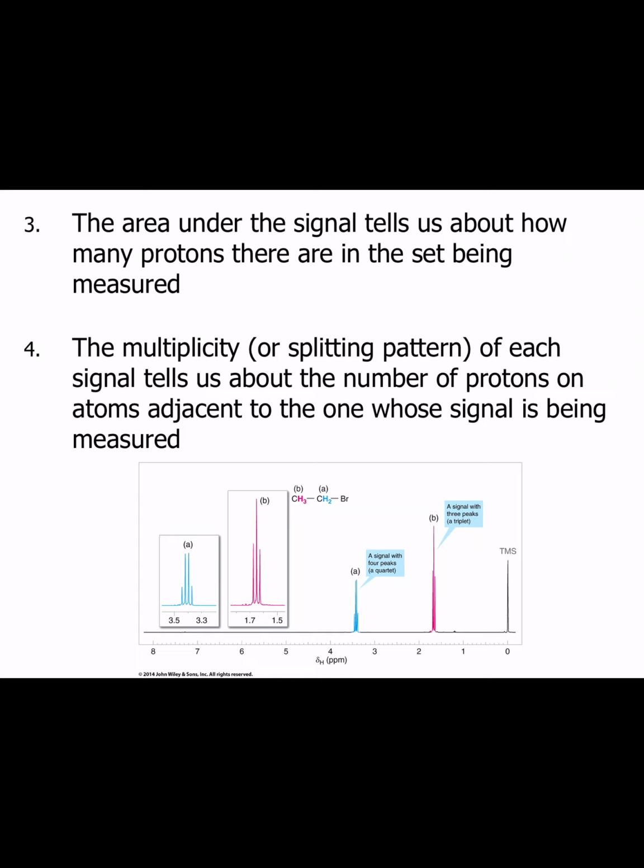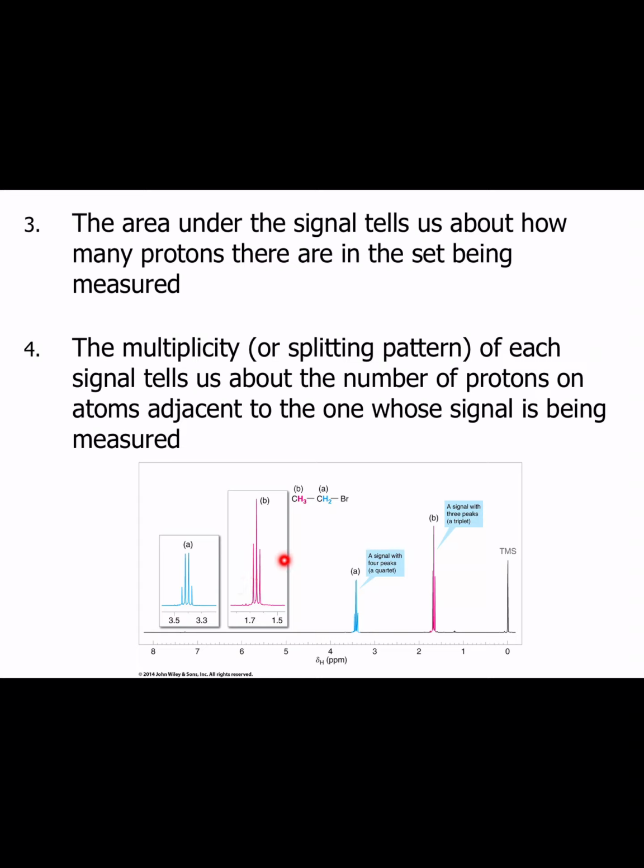Okay, now let's read it again. The multiplicity or the splitting pattern of each signal tells us about the number of protons on atoms adjacent to the one whose signal is being measured. So this multiplicity tells us how many protons are next to the hydrogens of interest.